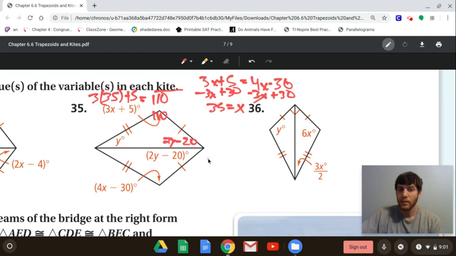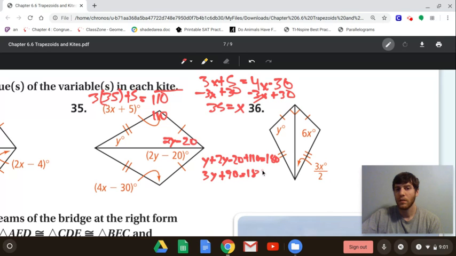So y plus 2y minus 20 plus 110, those three angles should add up to 180. So then you have 3y, combined like terms, that's going to be plus 90 equals 180. Subtract 90 from both sides, you're going to get 3y equals 90. Divide by 3, y is going to be equal to 30.